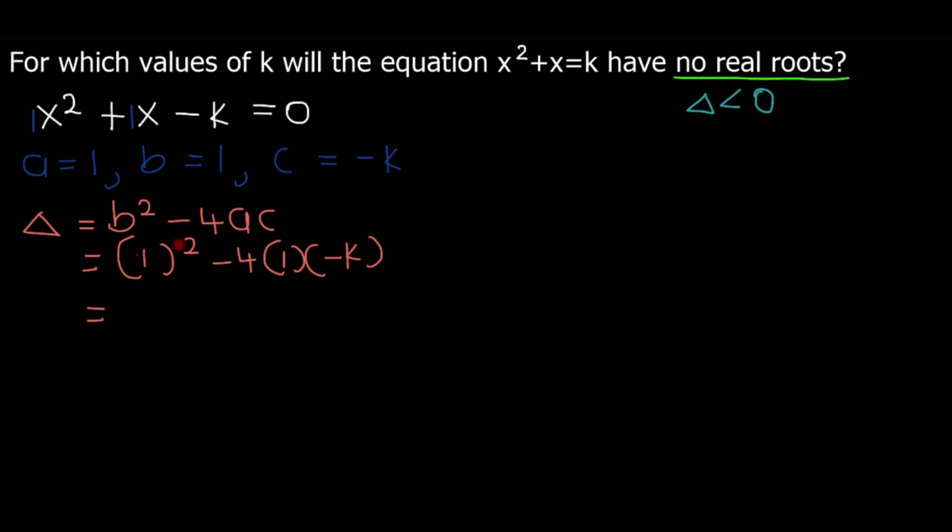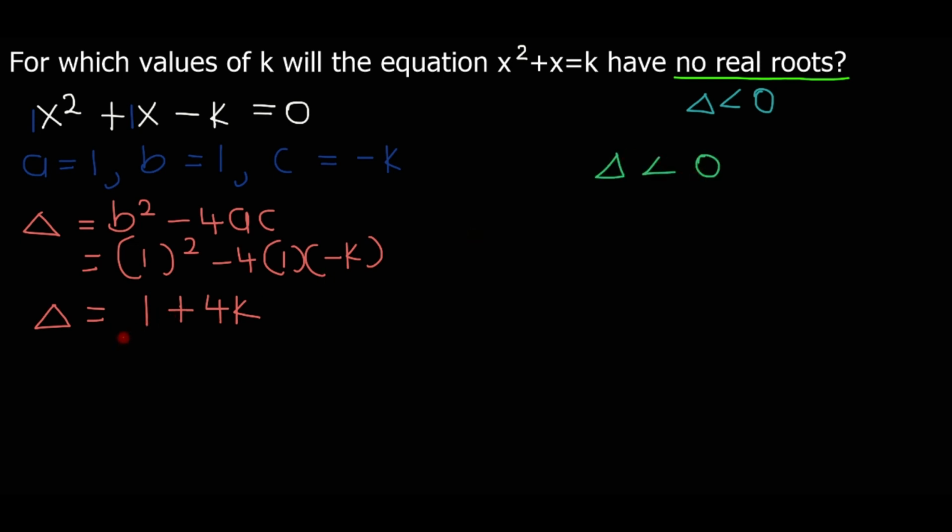So from there we have 1, and then negative 4 times positive 1 is just negative 4, and then negative 4 times negative k equals positive 4k. So this is our discriminant. But now we must find the value of k if this has non-real roots. For me to solve for the value of k, the discriminant must be less than 0.